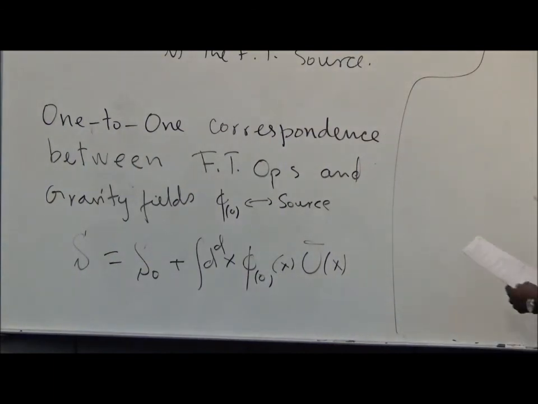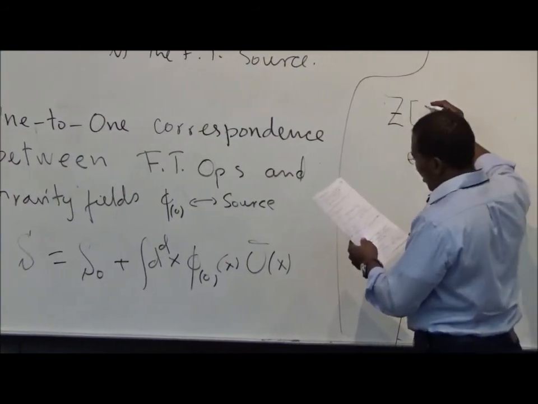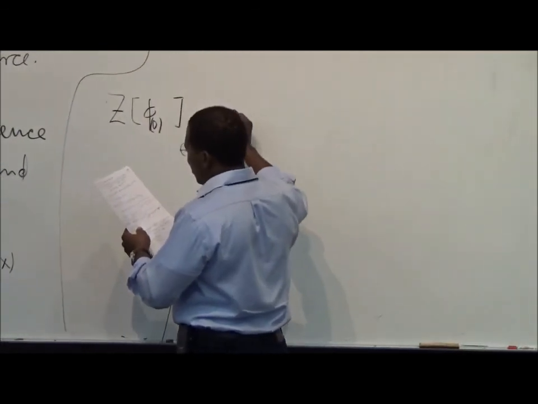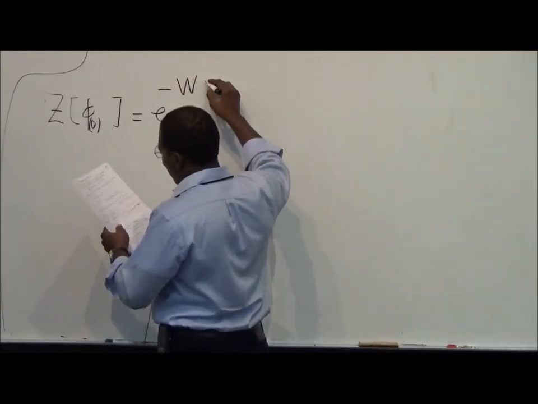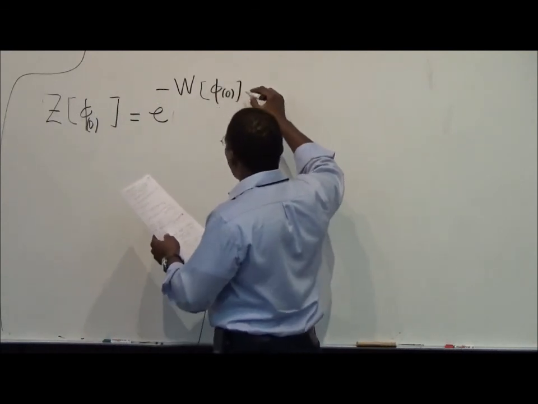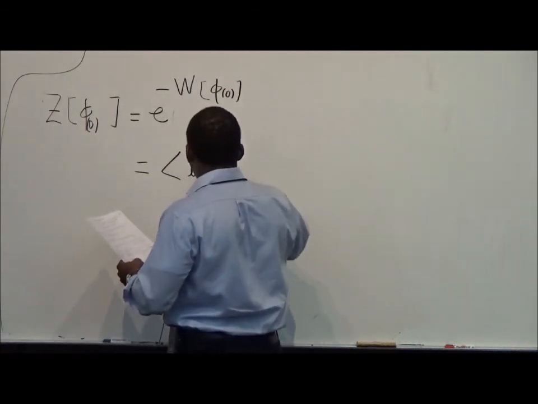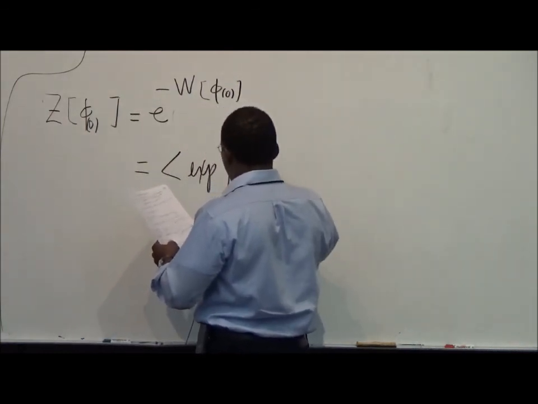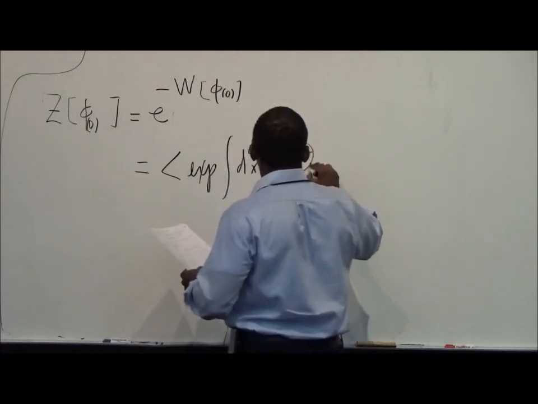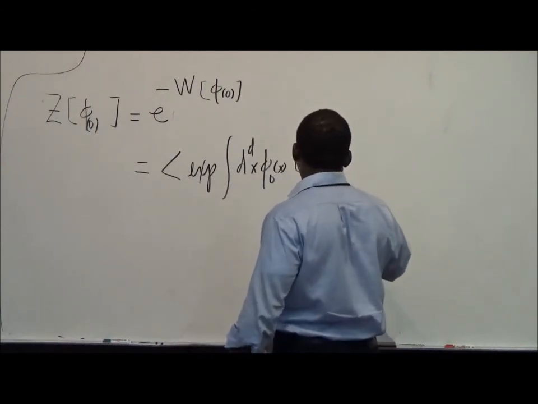Given a source, as we already discussed in field theory, I can compute the generating function of, for example, connected correlation functions, as an exponential in the CFT.